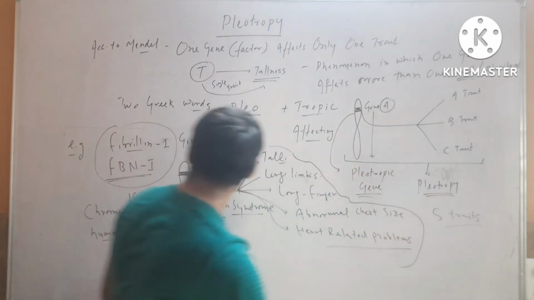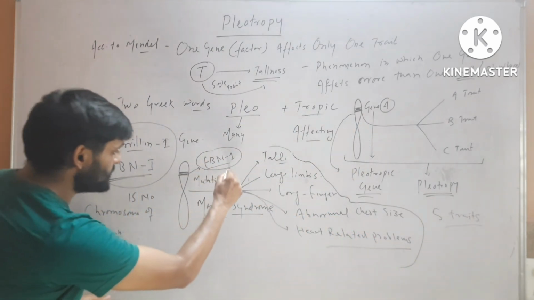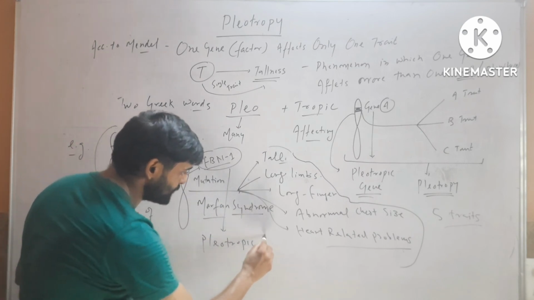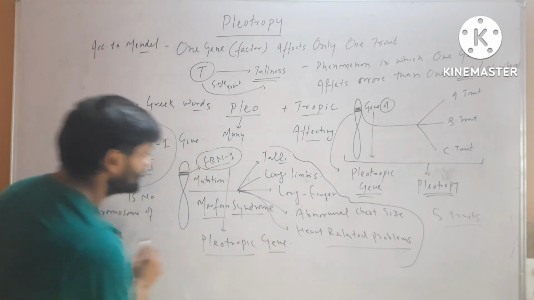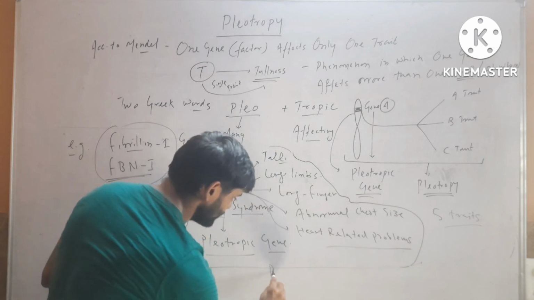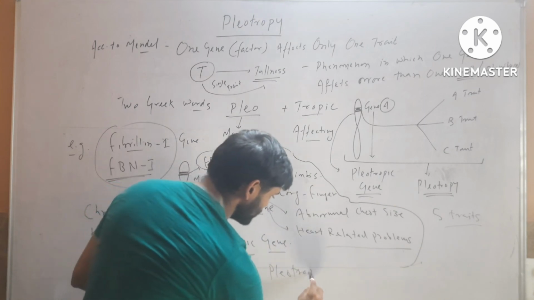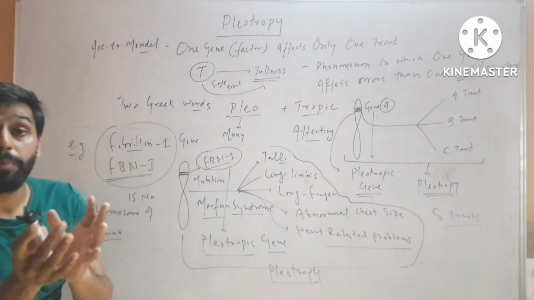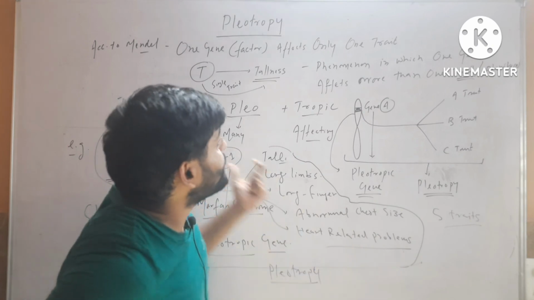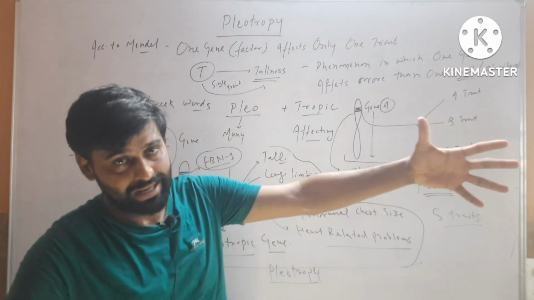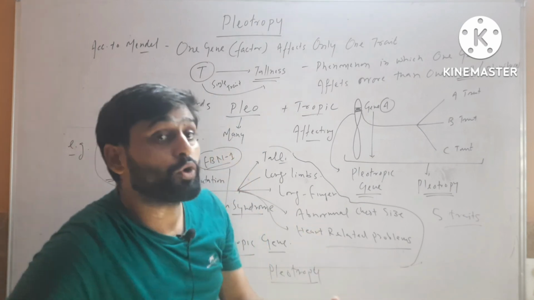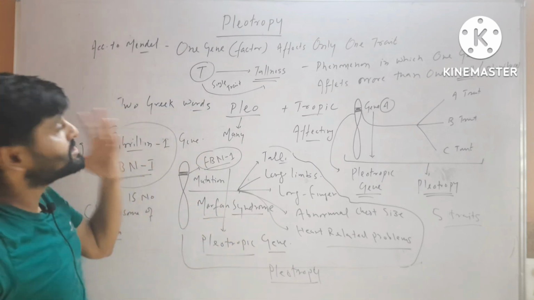So this FBN1 gene will be called a pleiotropic gene, and this phenomenon will be called pleiotropy. So pleiotropy is a phenomenon in which one gene affects more than one trait, and the gene that affects more than one trait will be called a pleiotropic gene. So this is pleiotropy.